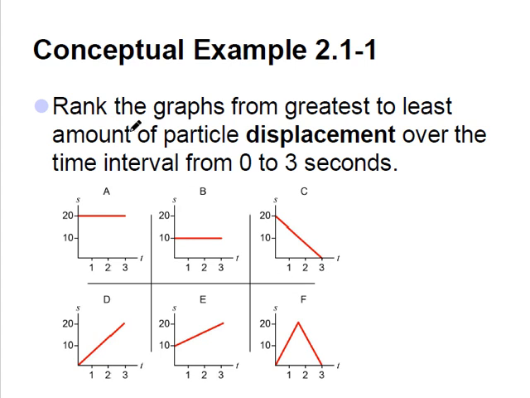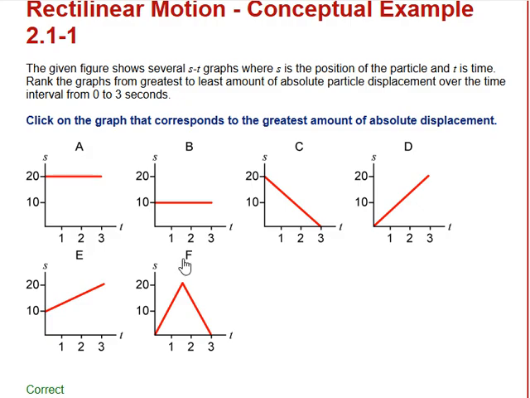Try to understand how to solve the problems. Here the problem is you have to rank the groups. You're given 1, 2, 3, 4, 5, 6 of them, and you have to rank the groups from greatest to least amount of particle displacement over the time interval from 0 to 3 seconds. I already gave you your digital workbook.